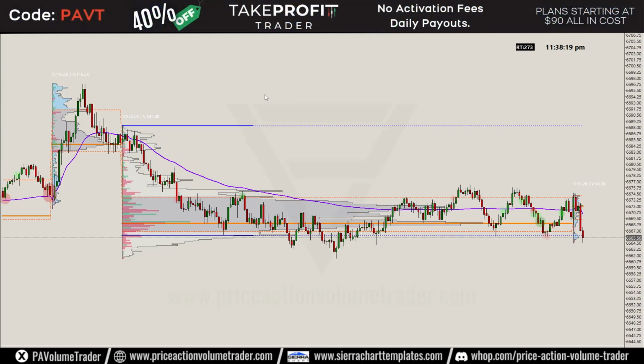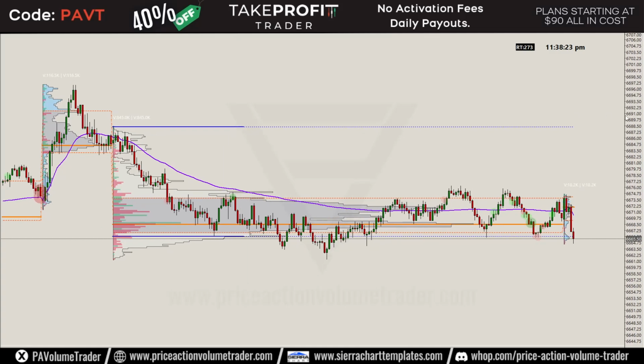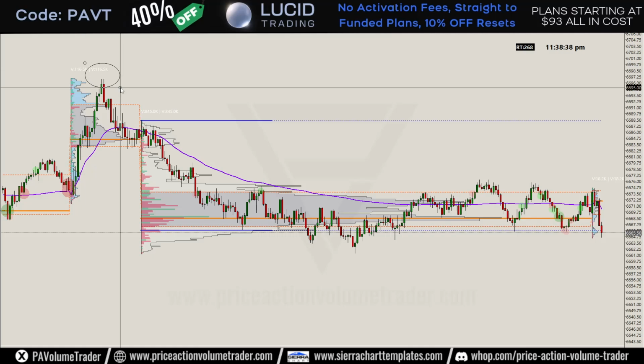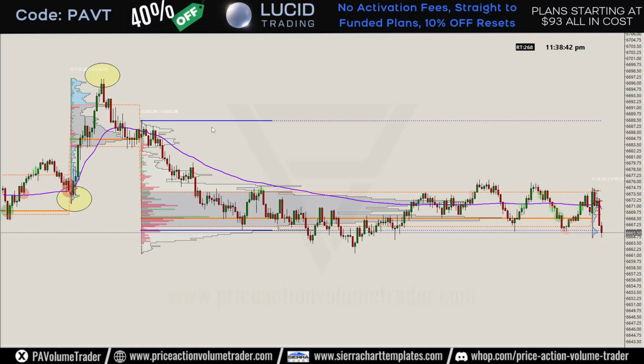So the pattern that I want to talk about today is very basic, and it consists of when we see the New York Open go and raid, or do a false break, above or below the high or the low from the extended trading hours range, okay?